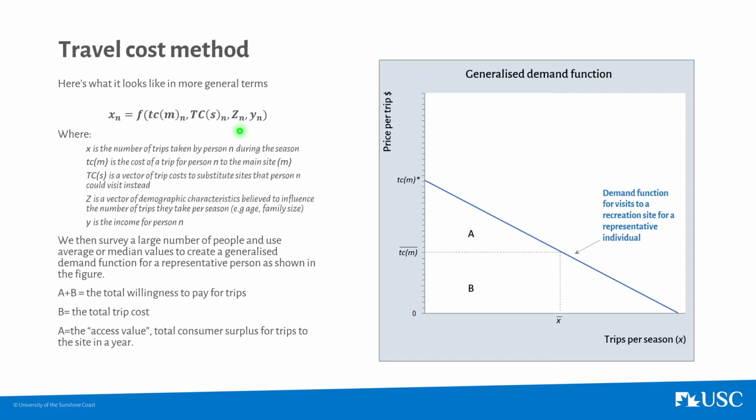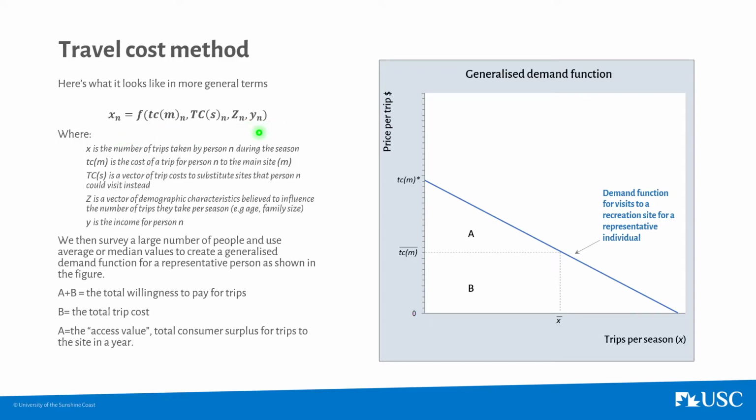So, for example, the size of the family, or their interest in that particular recreational activity, or some other set of characteristics, whether or not they were part of a surf life-saving association. A bunch of different demographic characteristics then would influence a person's demand for a number of trips per year to this site.